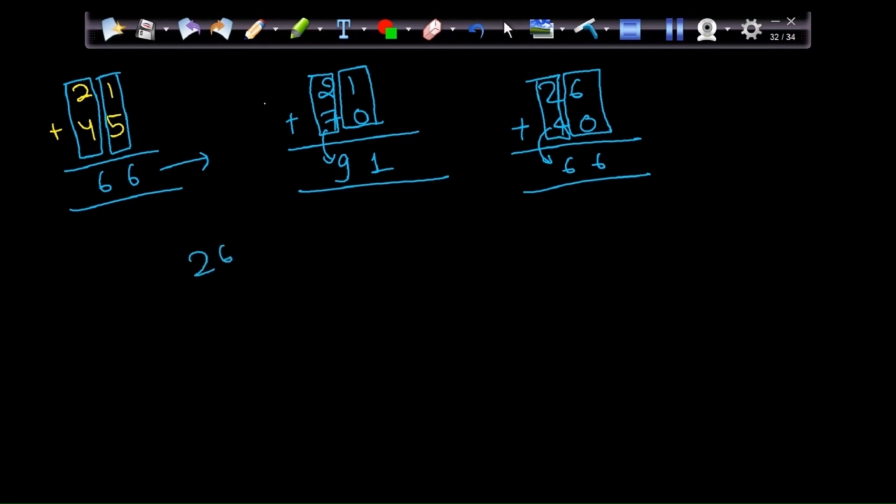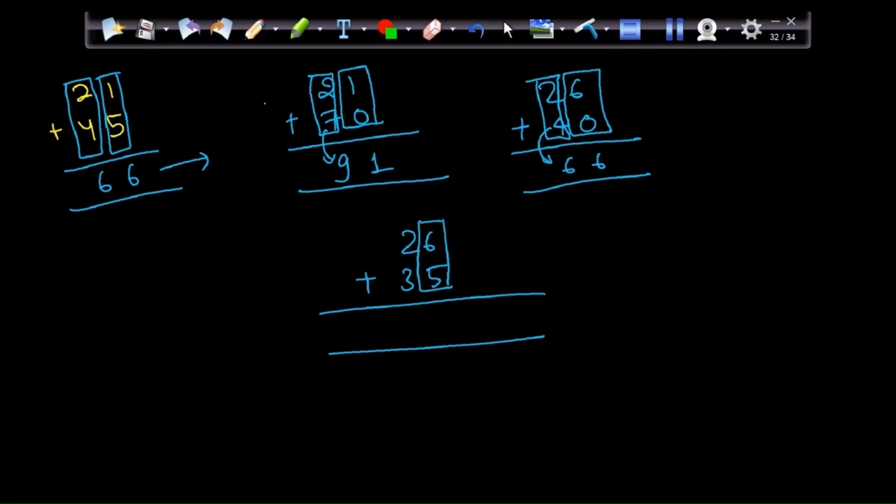What about 26 plus, let's say, 35? To get the value at the ones place of the result, you add the ones place digits here. So 6 plus 5 is 11. Now there is some problem.